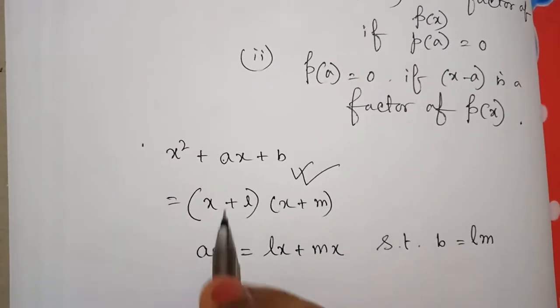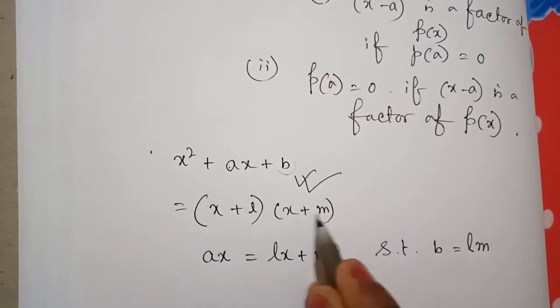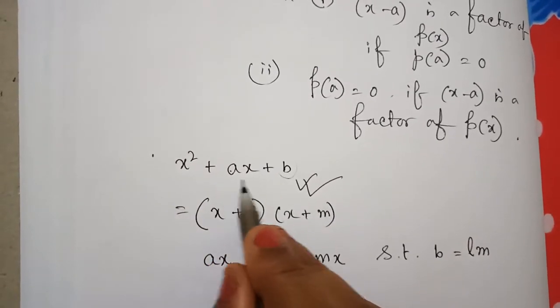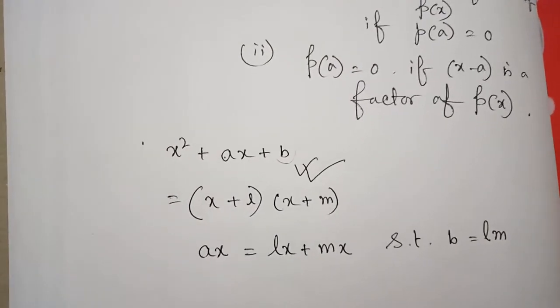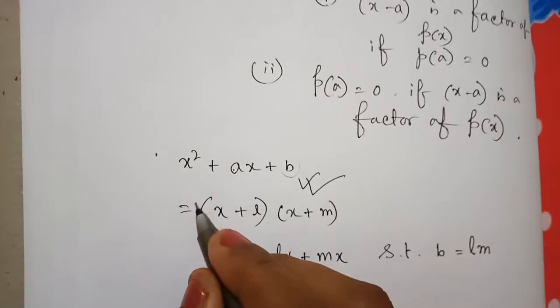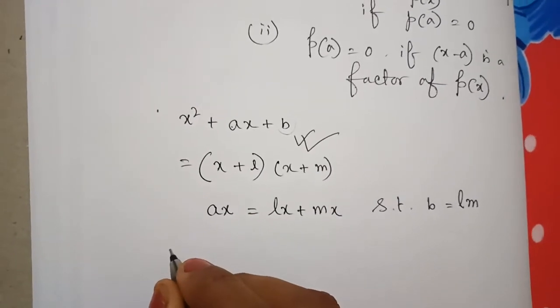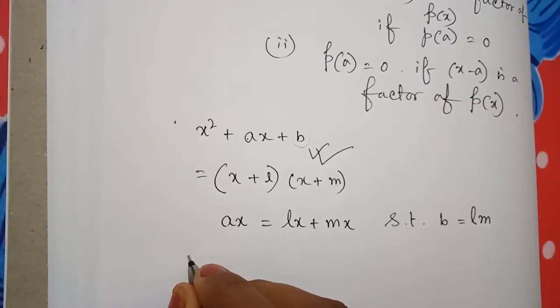I mean to say that this must be the product of two numbers, and the middle term must be divided into addition or subtraction of two numbers. I'm just giving you a very simple example, so this will be clear to you. Think about that. Very simple.